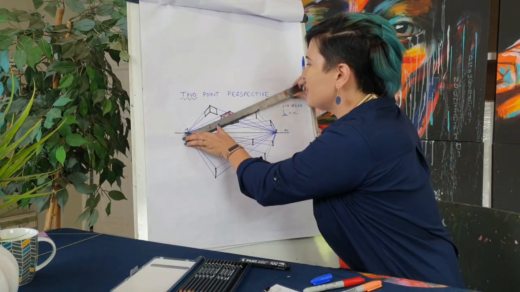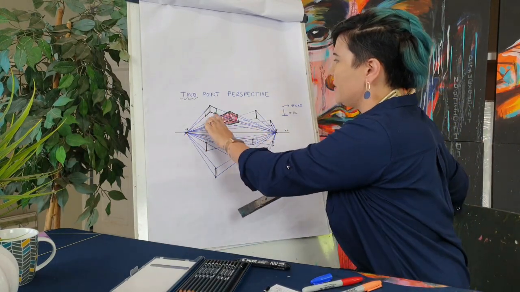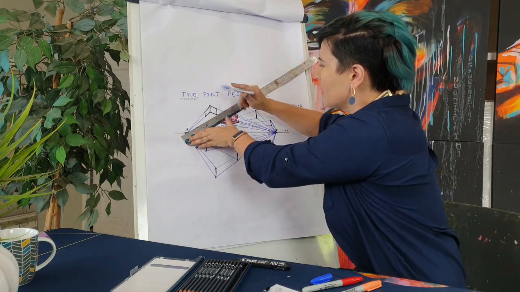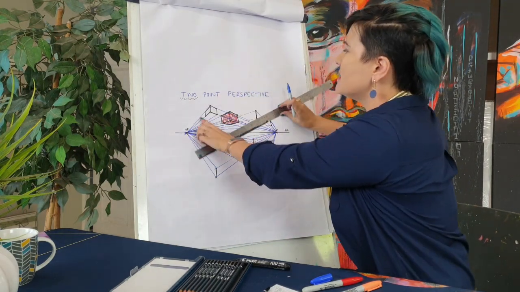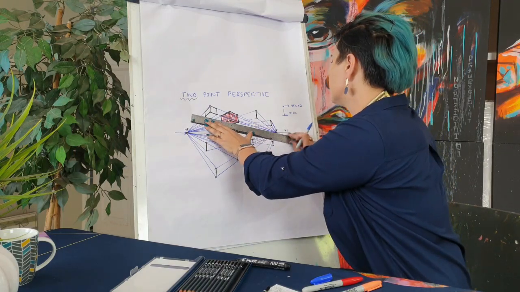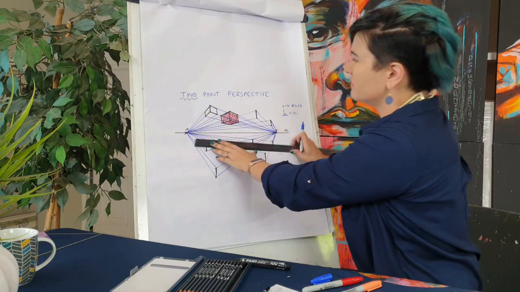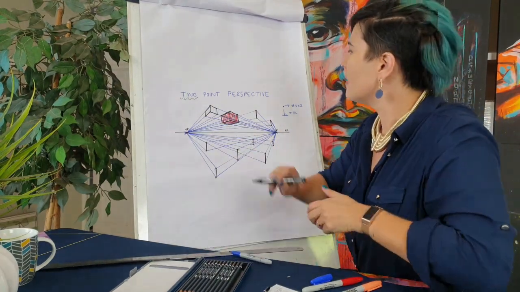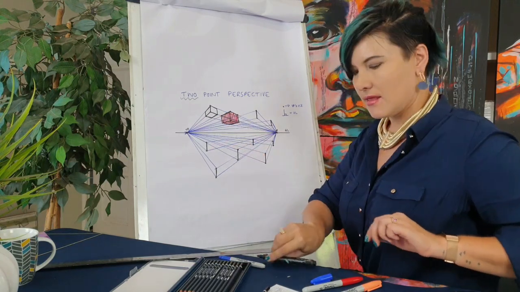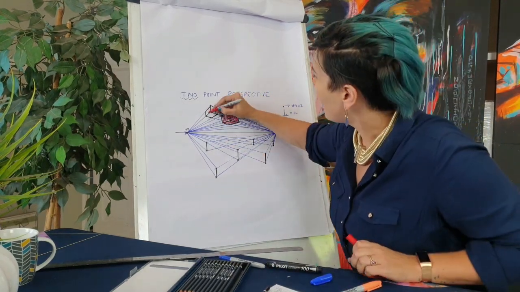And remember, those points both have to go to the vanishing point. This one's already going to this one, but it's not going there. This one is going there, but not to this one. And there we have our cube.